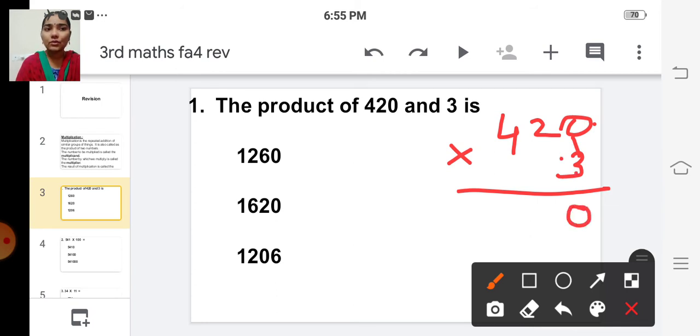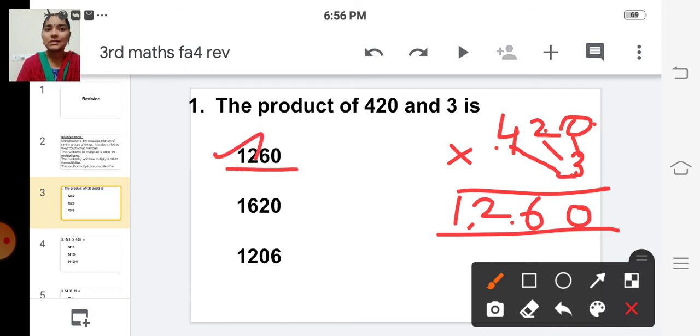Next, we multiply with the number in the tens place: 3 twos are 6. And now we multiply 3 with the number in the hundreds place: 3 fours are 12. So the answer is 1260. 1260 is the correct answer.